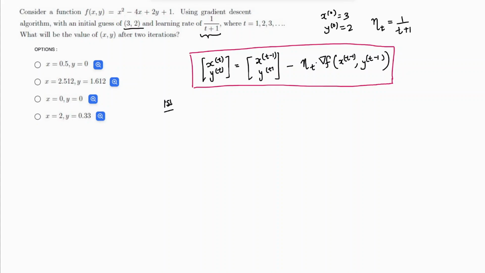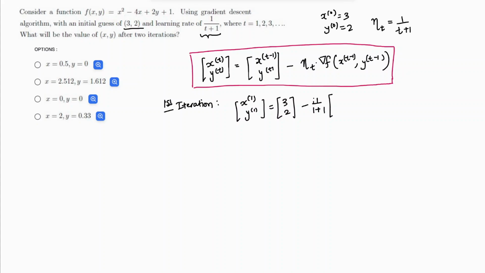So in the first iteration, what will we have? We will have x1, y1 written as x0, y0, which is 3, 2, minus eta of 1, which is 1 by 1 plus 1, times the gradient of f.